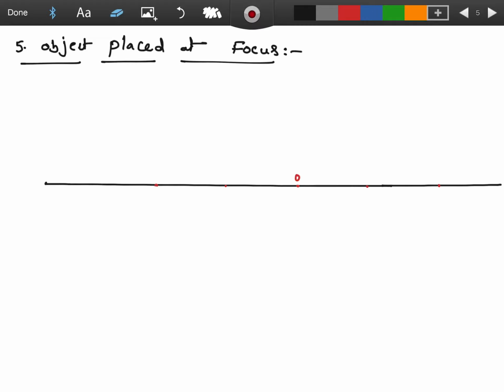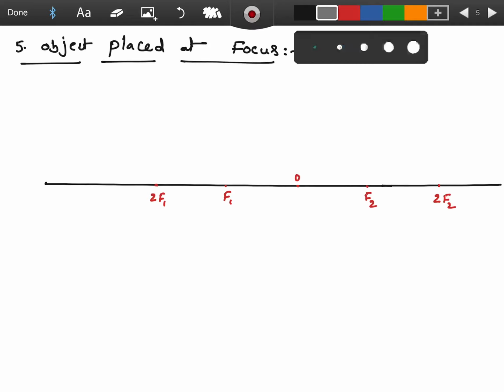This is optic center, f1 to f1, f2 to f2. After that, you draw the aperture of the lens. Convex lens aperture I am drawing here, students. This is the aperture.